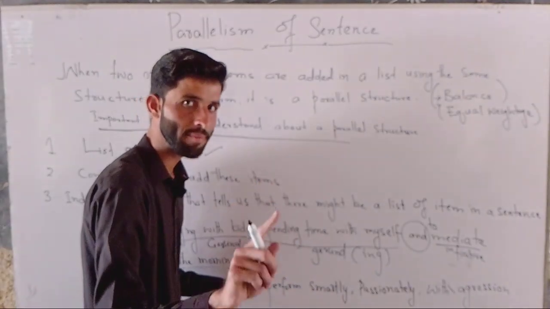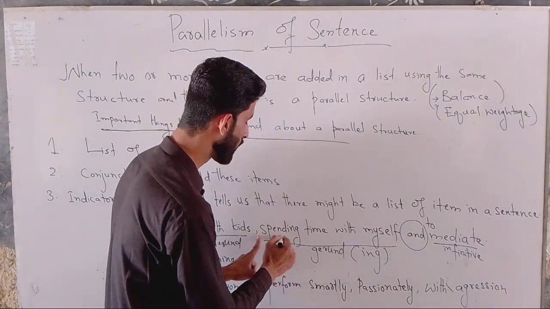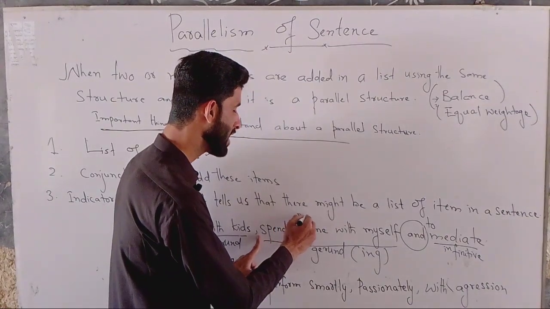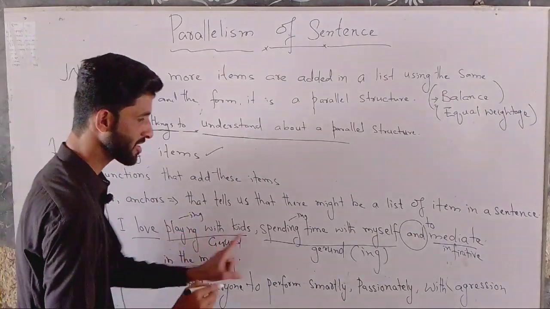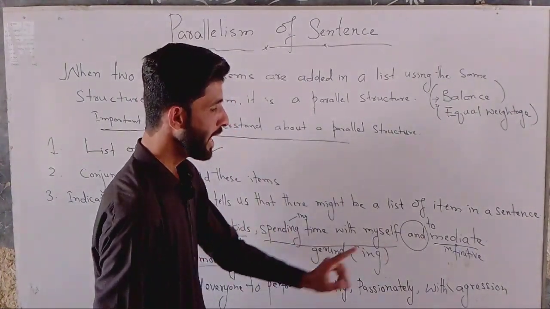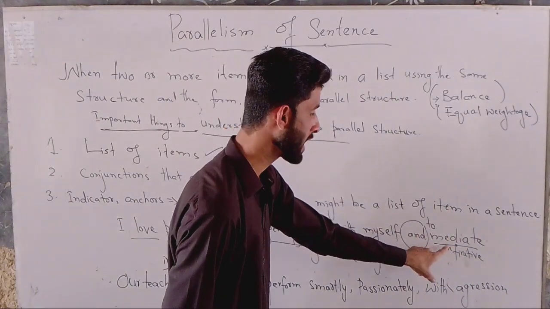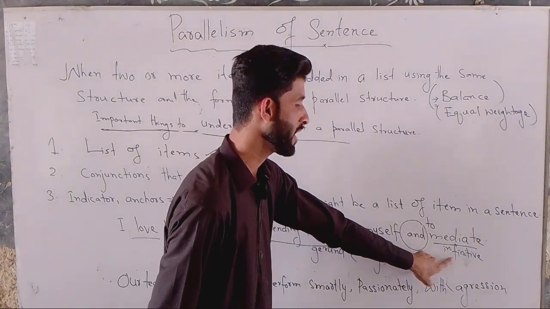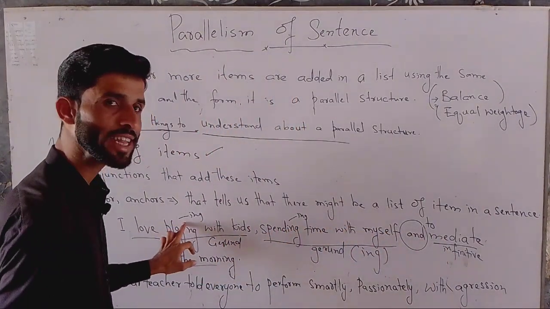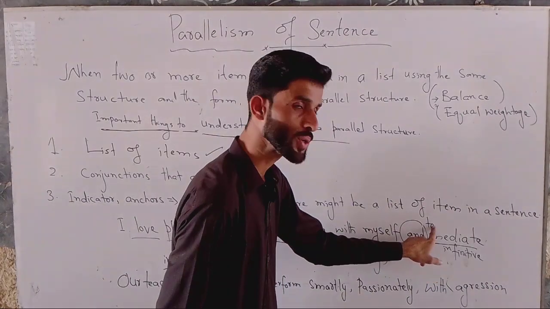The second item also starts with -ing form, which is gerund form. Same structure, -ing form. And the third item, "to mediate", starts with "to". To mediate shows infinitive form. Here it starts with -ing form, but here we have started with "to".